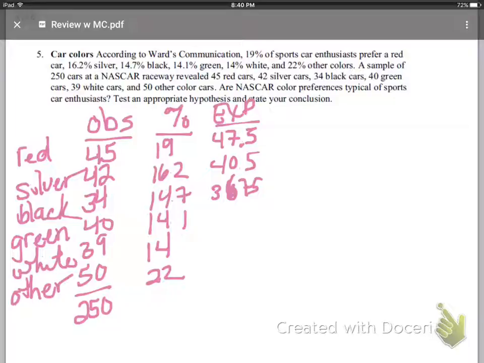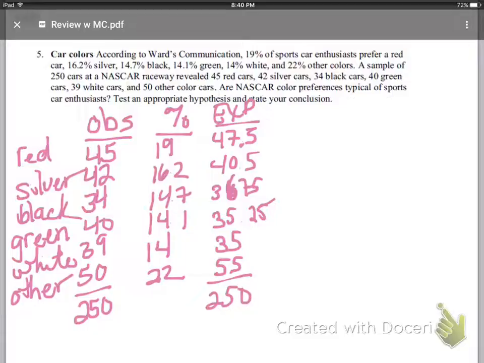Green, 250 times 0.141, is 35.25. White, 250 times 0.14, is 35. And all the other colors, 250 times 0.22. And I get 55. Now, if I add up all these expected, they should add up to 250.